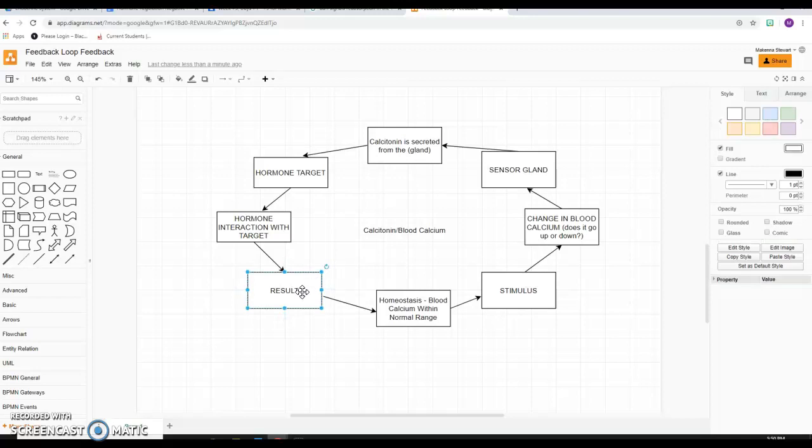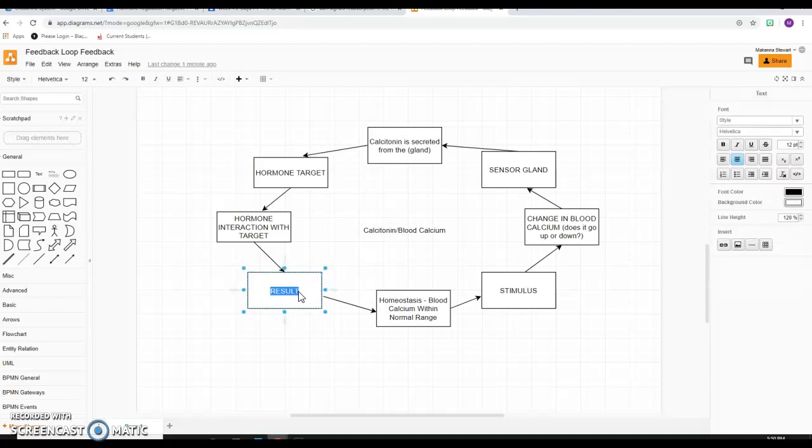Again, the result, just like in our other feedback loop, should be opposite of the change. If blood calcium rises after the stimulus, blood calcium should decrease. If blood calcium decreases after the stimulus, blood calcium as a result should increase. These should be opposites, and that brings us back to homeostasis.